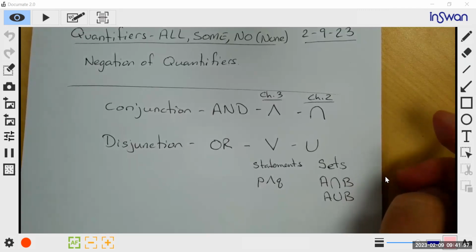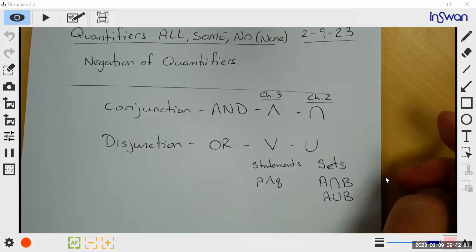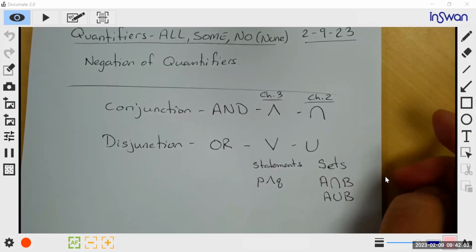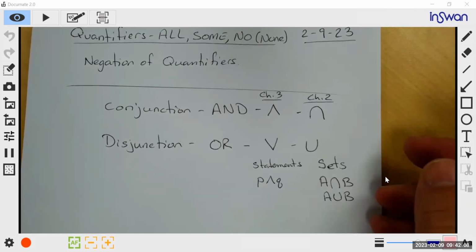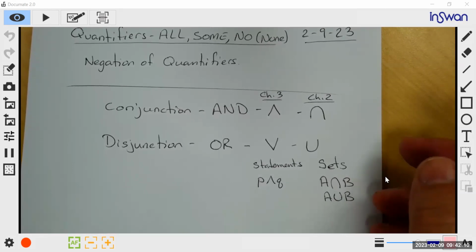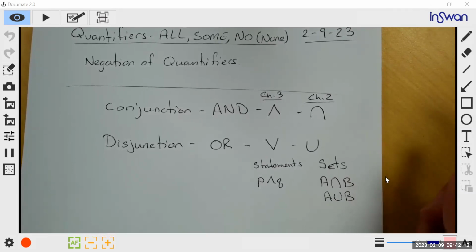Because the condition for a statement is you have to be able to prove it as true or false. In other words, no exclamations, no opinions. It has to be just a true or false statement.